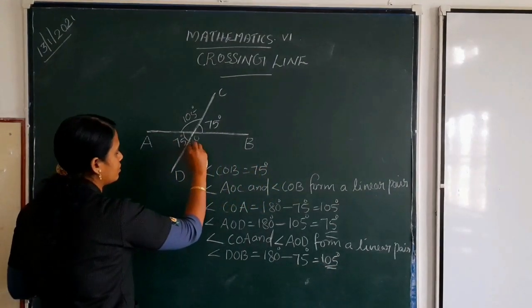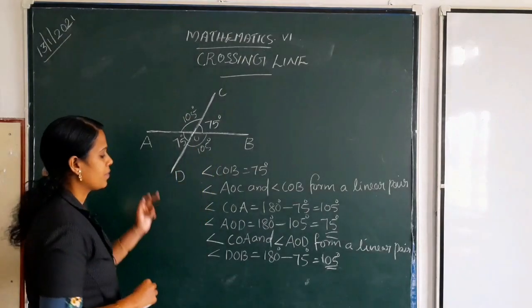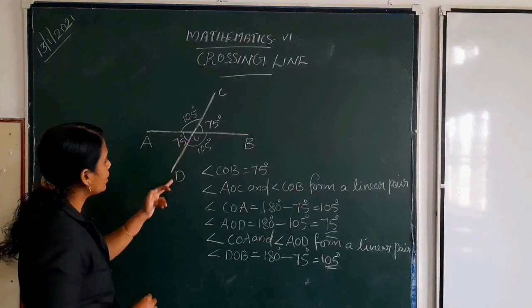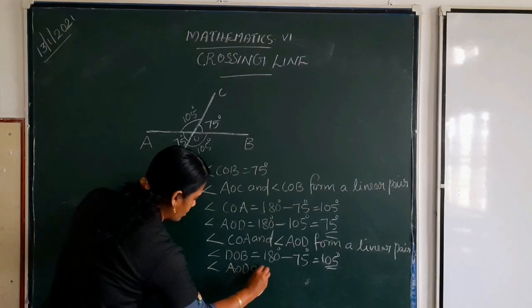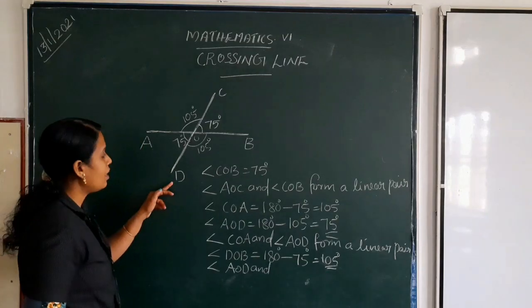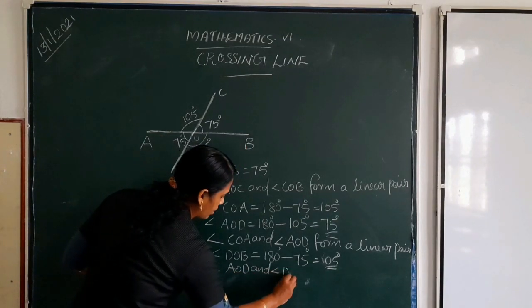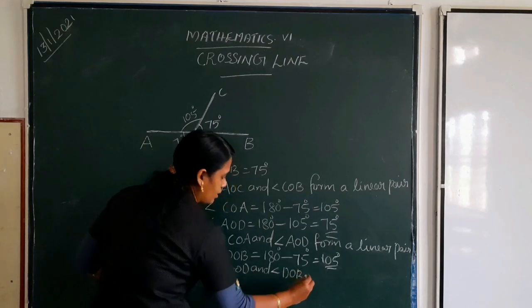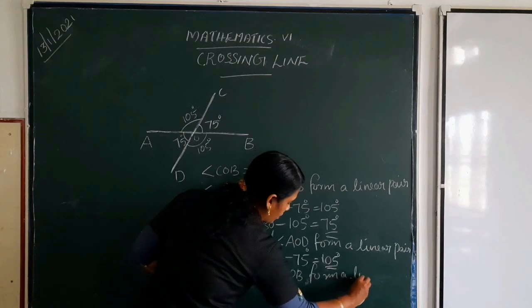So this is 105 degree. So here angle AOD and angle DOB form a linear pair.